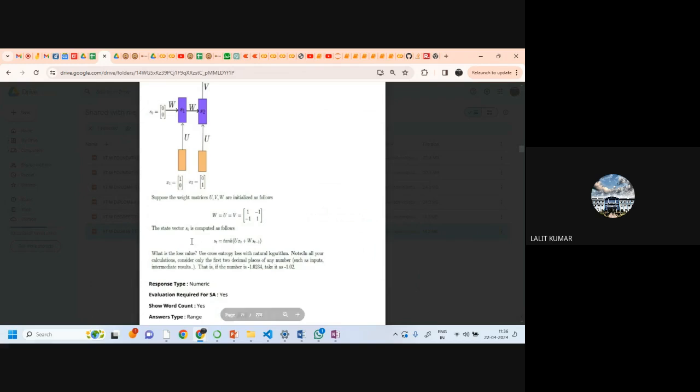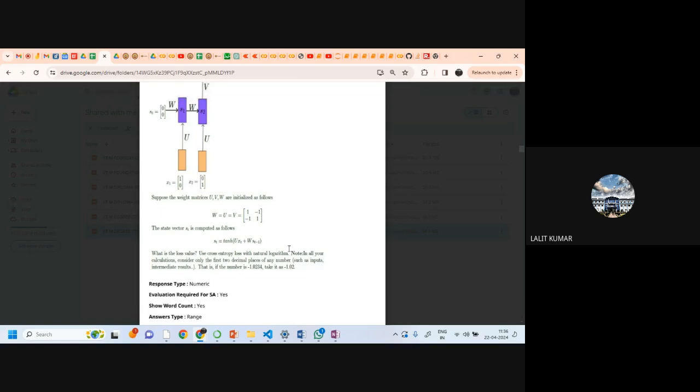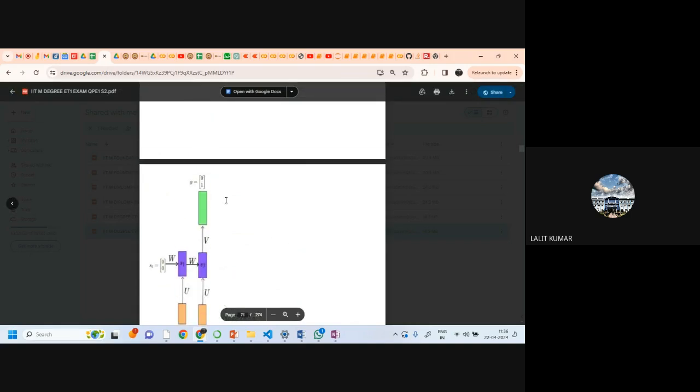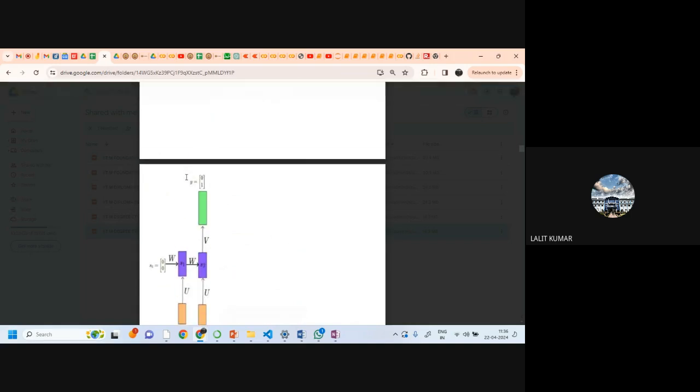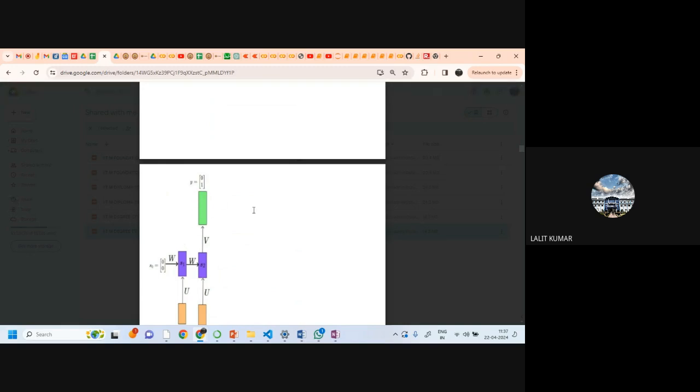The state vector is computed by using the tanh function. There is no bias. What is the loss value? Use cross entropy loss with natural logarithm. Note in all your calculations, consider only the first two decimals. So what we have to see, the actual y value is 0, 1. We have to calculate y hat. So how will we calculate y hat?